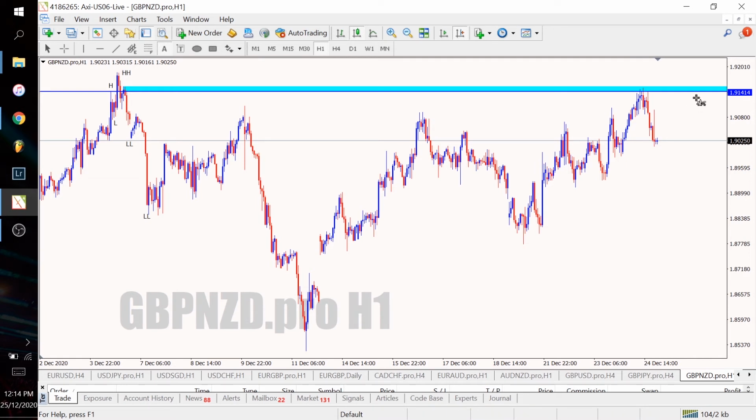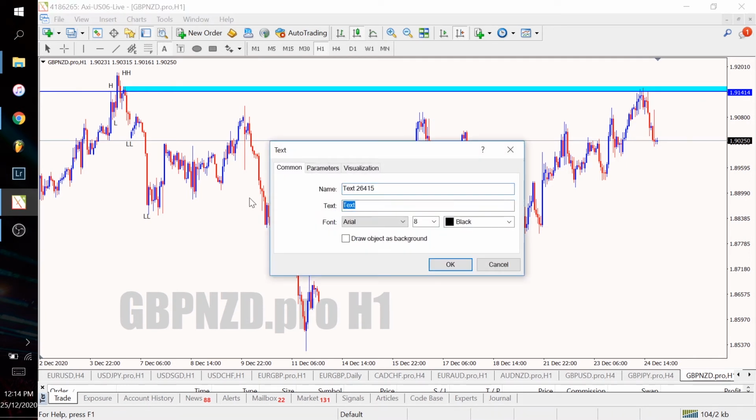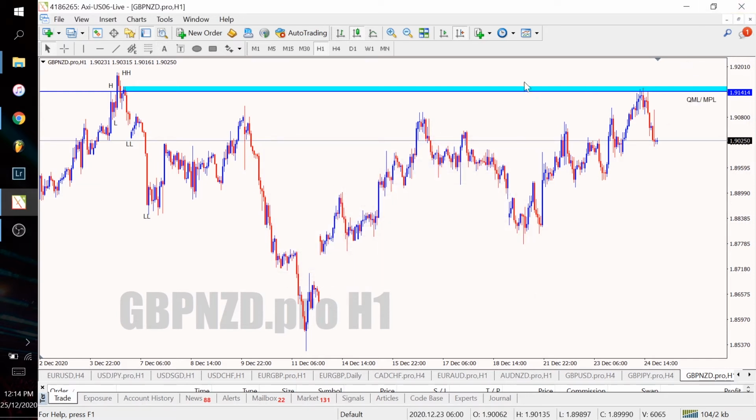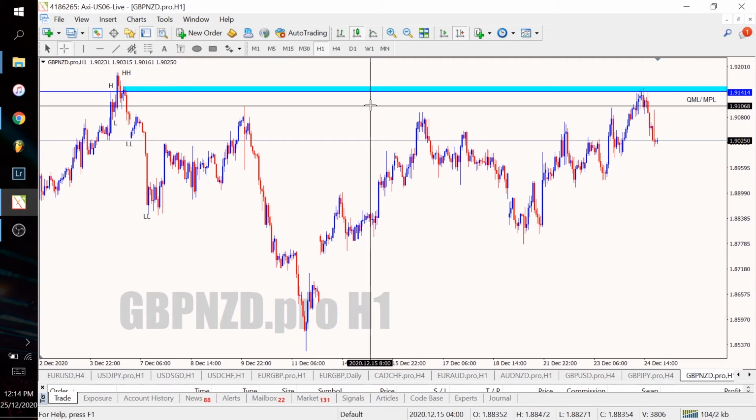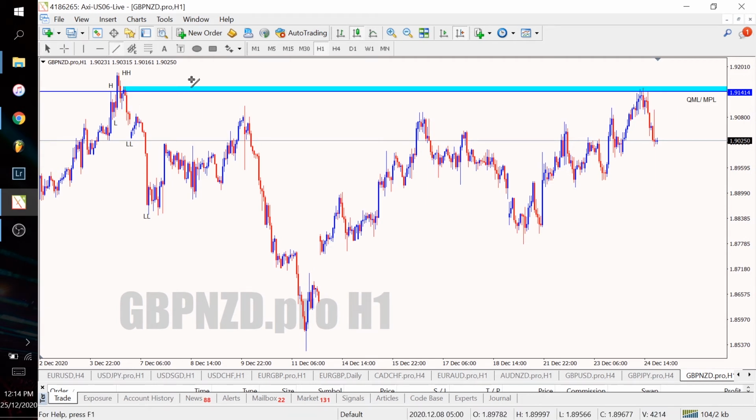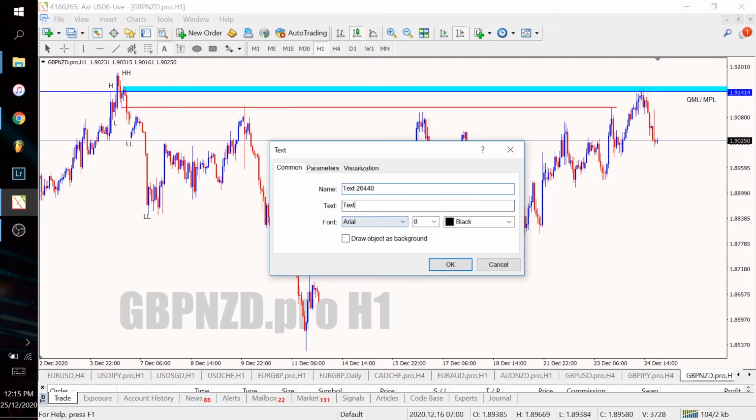So what we want to do is we want to make sure that our process and our approach is perfect. So we look for our process. So what is our process? We look for a fake out. So in this case we had a beautiful fake out, and we also had support here. So this is an SR flip fake out.